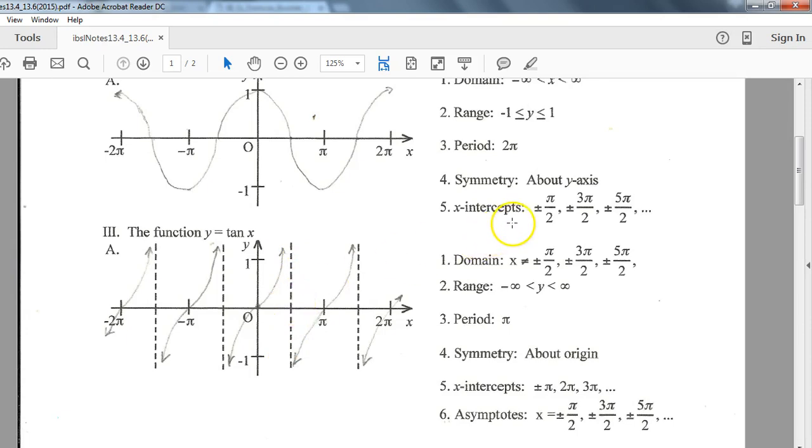The x-intercepts here, the zeros of your cosine function, create the asymptotes for a tangent function because they create a zero denominator when you do sine over cosine. And so these dotted lines that you see come from the x-intercepts of your cosine function.